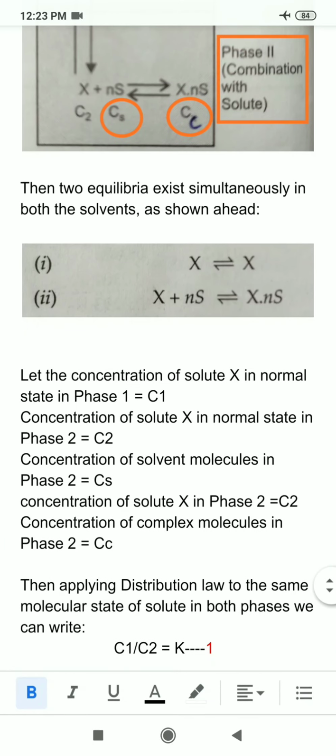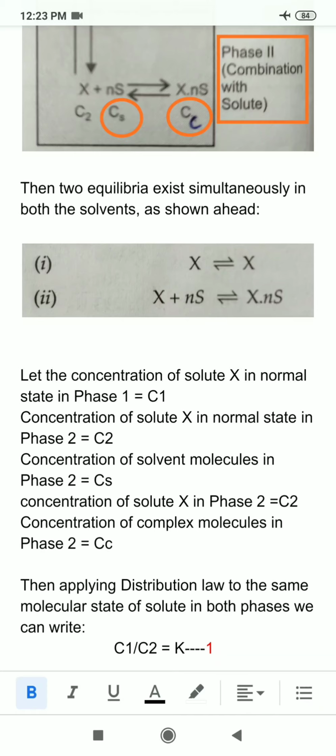Now let the concentration of solute X in normal state in phase 1 be C1. As solute X is present in solvent 1 or phase 1 in normal state, its concentration is C1, and the concentration of solute X in normal state in phase 2 is equal to C2.